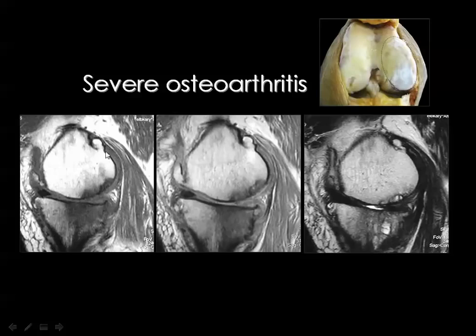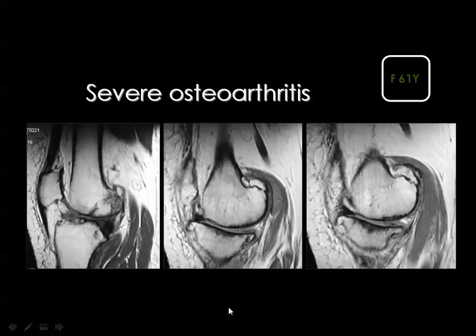Also, you can appreciate the prominent osteophytes. You can also see the bone marrow edema of the articulating surfaces. Here you can see in the tibia more than in the femur. Also, you see the degeneration of the menisci. Here's the anterior horn of the medial meniscus, which is more or less intact, but there is almost total degeneration of the posterior horn of the meniscus.